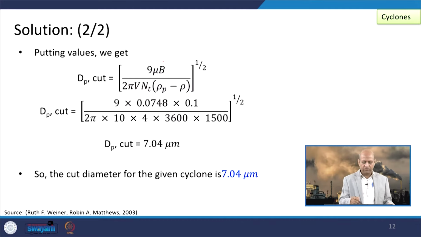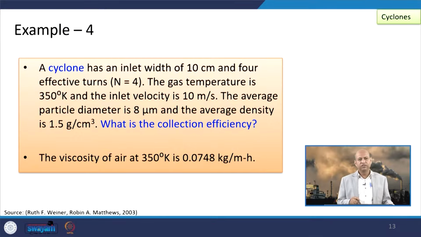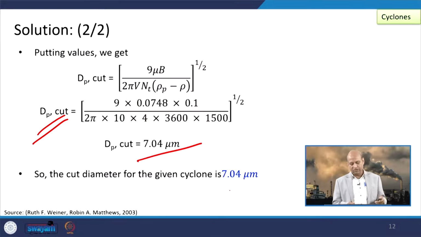So, you use these values in this particular relationship and then calculate the cut diameter, and this is around 7 micrometer, okay. So, the cut diameter of the given cyclone is 7.204 micrometer. So, this is the diameter of the particle which will have the 50% removal efficiency.